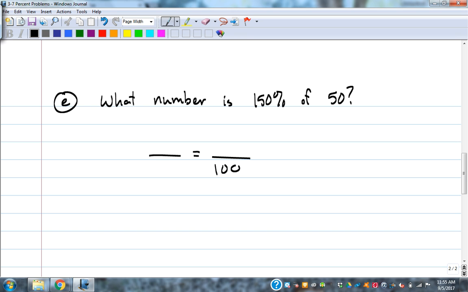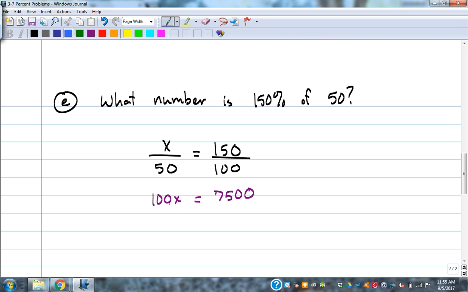On the side, we put 100 on the bottom. It doesn't matter which side we do that with. What goes on top of that? 150, the percentage. What goes on the other side? X over 50, is over of. And then we cross multiply. 100x equals 15 times 5, which is 75, then 2 zeros: 7,500.